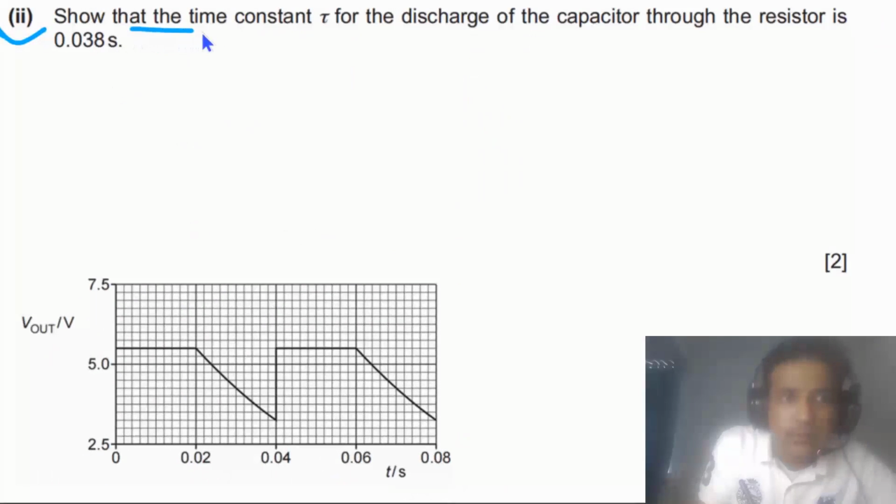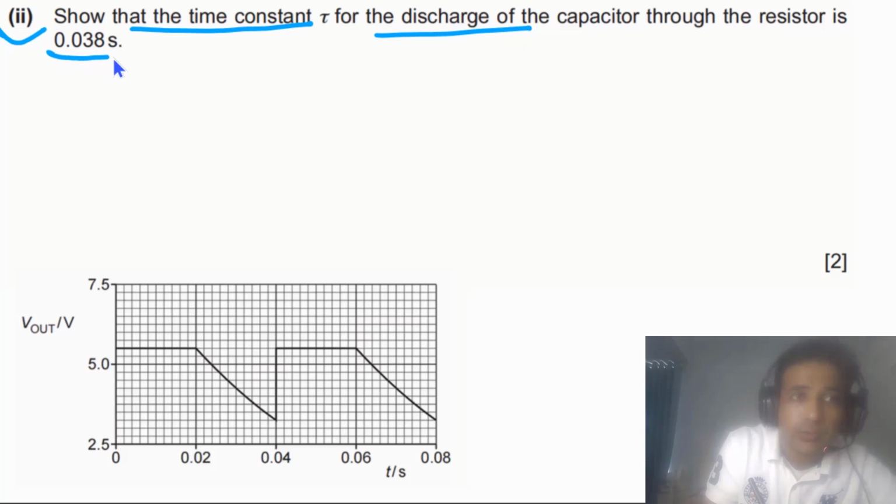The second part says show that the time constant for the discharge of the capacitor through the resistor is 0.038. First of all we need to understand where the capacitor is discharging. The capacitor is discharging between these two values of PD. We can find those two values of PD if we read from the y-axis here.